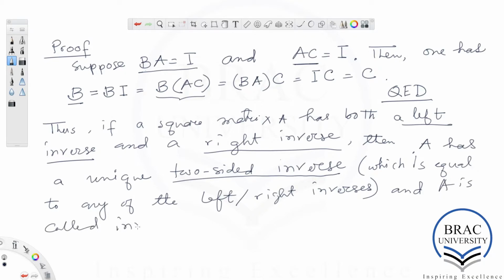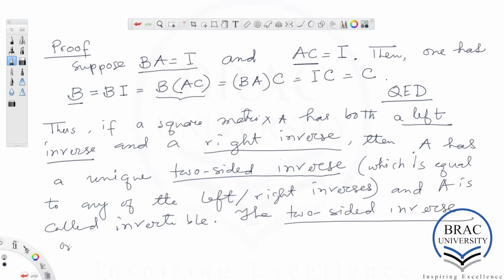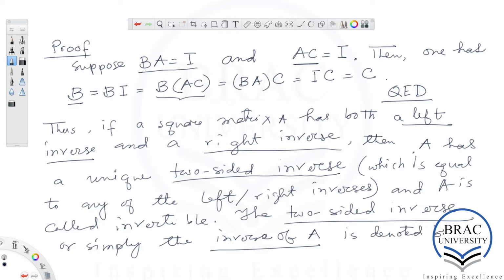The unique two-sided inverse, or simply the inverse of A, is denoted by A inverse.